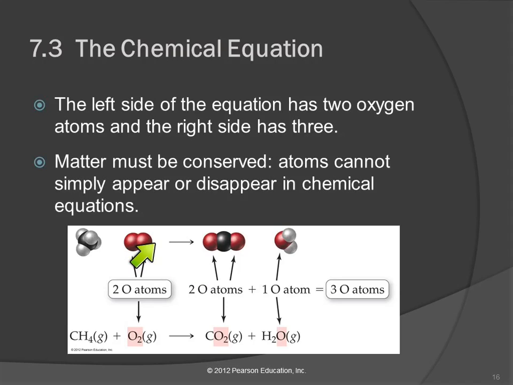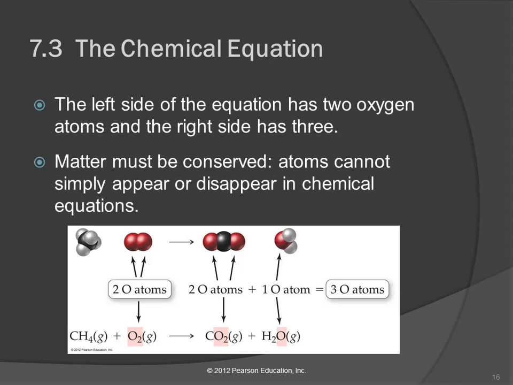No, because over here you've got 2 red balls, and over here you've got 3 red balls. Can red balls just come out of the air? Can Legos just appear out of nowhere? Not really. And then over here we've got 4 white balls, 4 hydrogens, and over here we've only got 2. Does that mean that 2 white balls turned into 1 red ball? No.